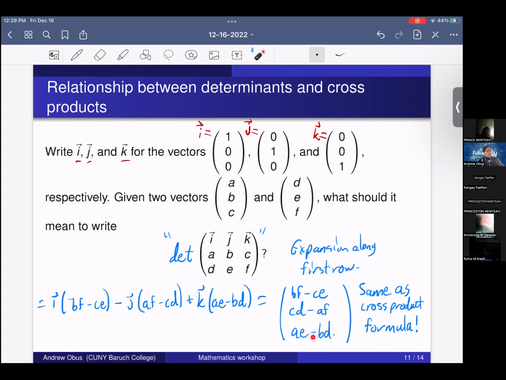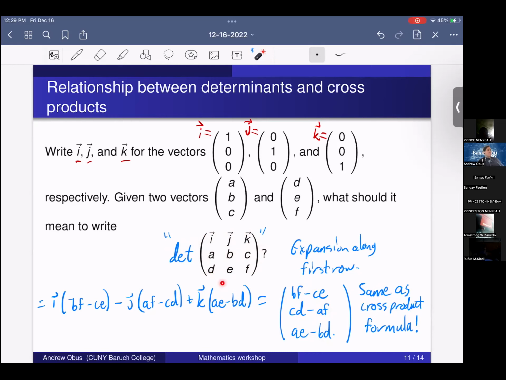And so what we see here is that this is the same as the cross product formula. So the reason these determinants or these things are all showing up is that it actually just comes from this determinant, right? The cross product of A, B, C and D, E, F can be thought of as just taking the determinant of this matrix where you start with I, J, K, and then you write A, B, C in the next row, and then you write D, E, F in the row after that.